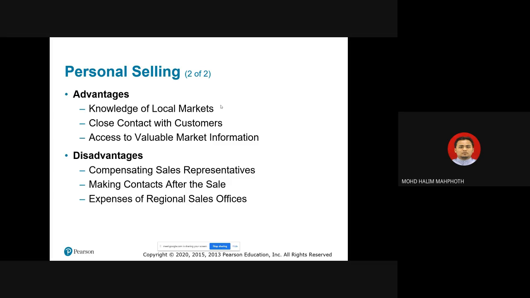We have groups of agents to control this kind of selling, and access to valuable market information. The disadvantage is that you have to compensate the sales representatives, like what we have under Avon or Koei.